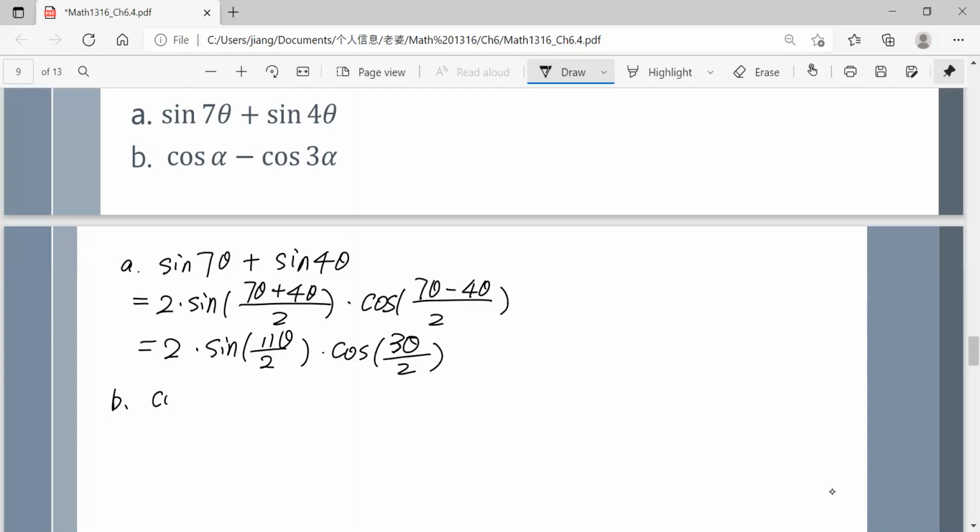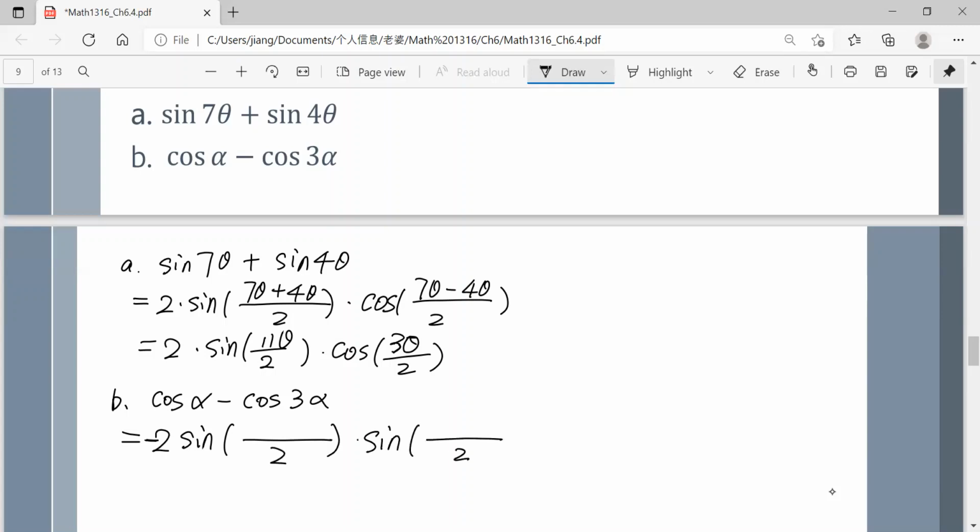Number B, cosine alpha minus cosine 3 alpha. For sum to product, the coefficient is always 2. Well, cosine minus cosine is negative 2 sine of alpha plus beta over 2, and then times another sine of alpha minus beta over 2.